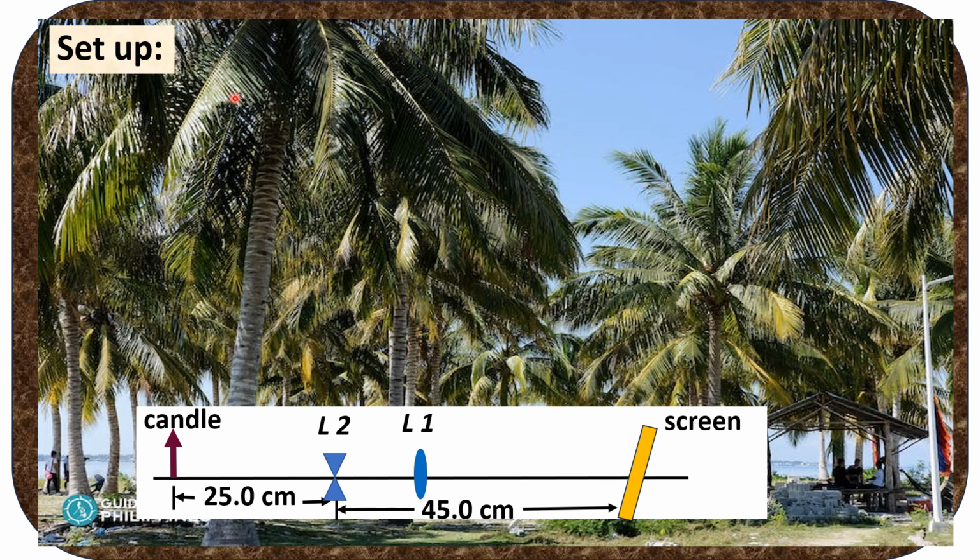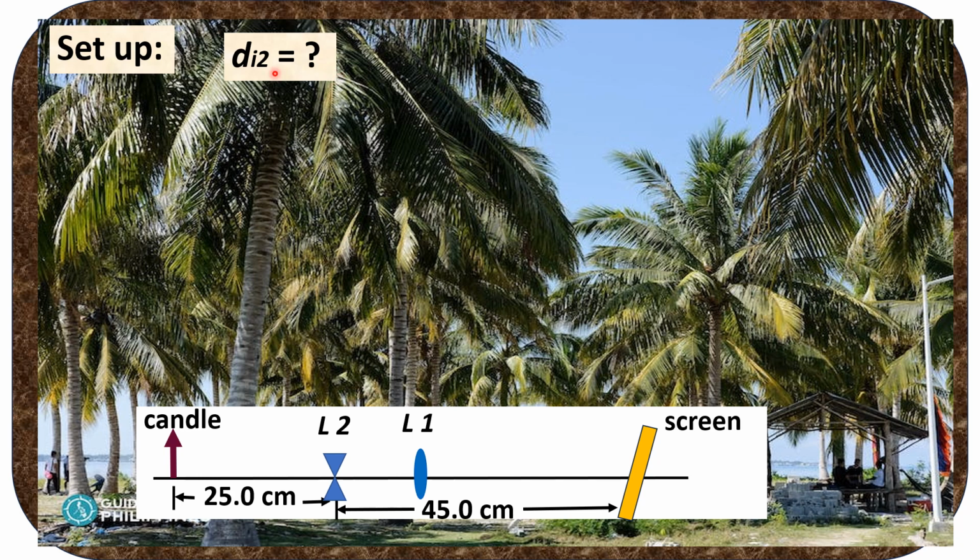The first image formed by the diverging lens must be located on the same side as the object or the candle because it is always virtual. And this is denoted by d sub I2, right?